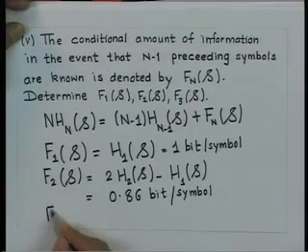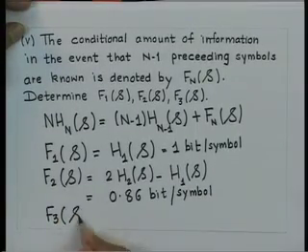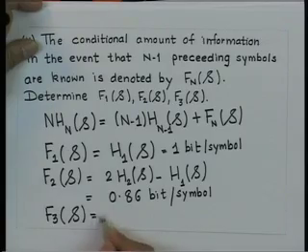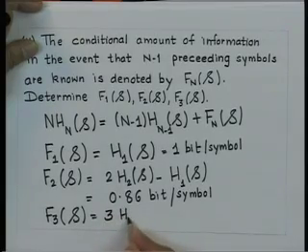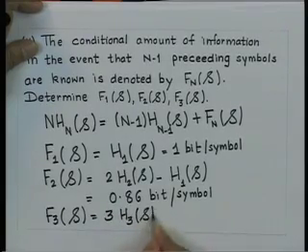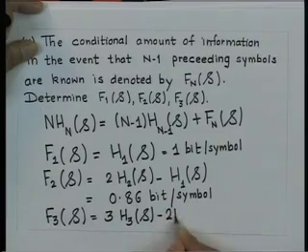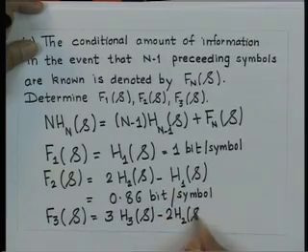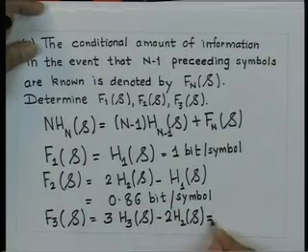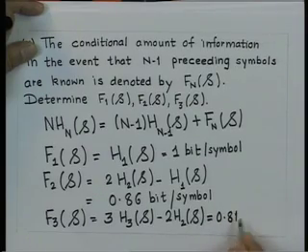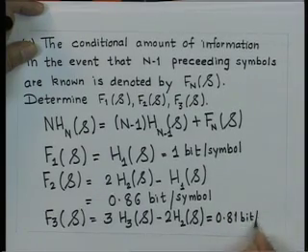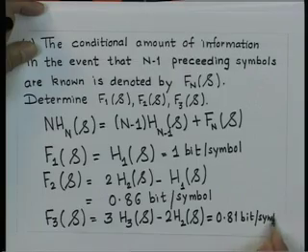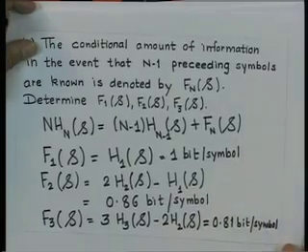And finally, my F3S is equal to thrice H3S minus twice H2S, and this comes out to be 0.81 bit per symbol.